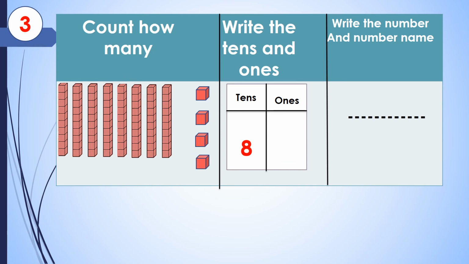How many ones? 4. How do we read this number? 84. We write it as 84 in number, and look, 84 in words.